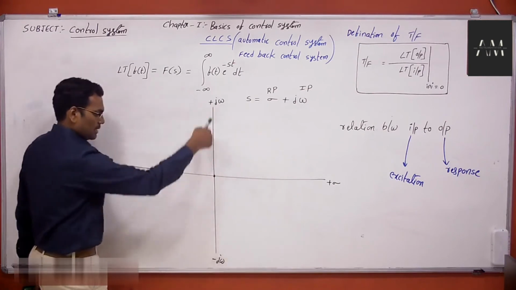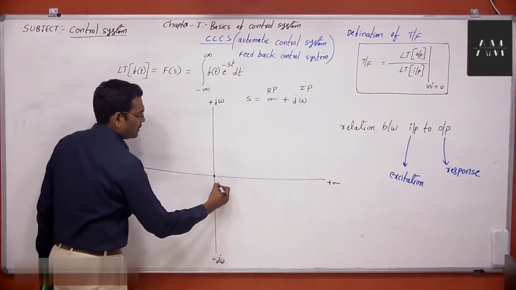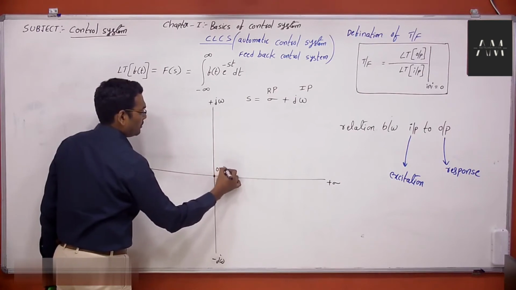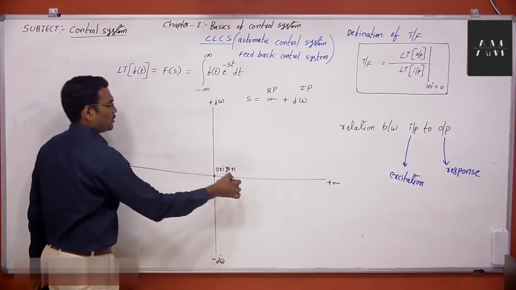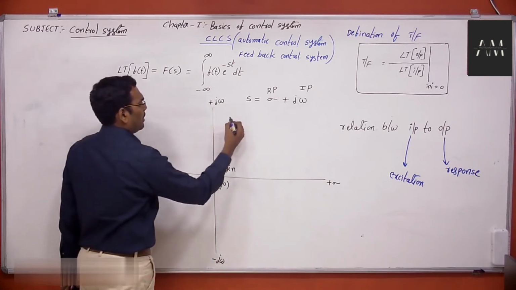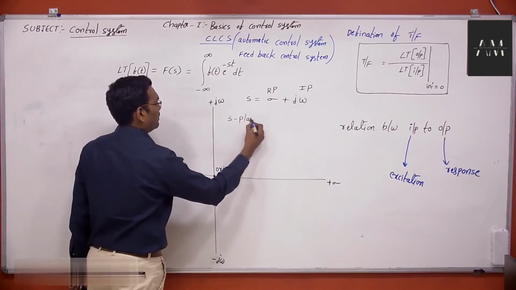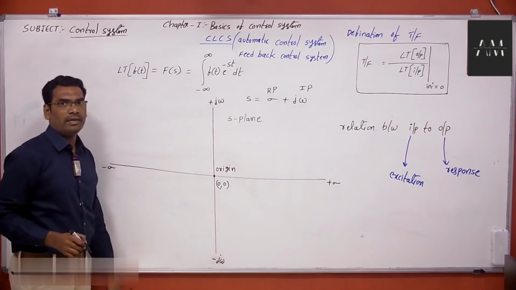This is the real axis and this is the imaginary axis. Real part is 0, imaginary part is also 0. This is nothing but the origin, the intersection point of the real and imaginary parts, and this we call the S-plane.